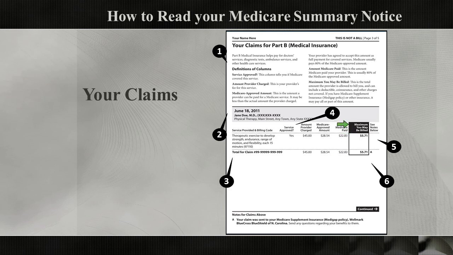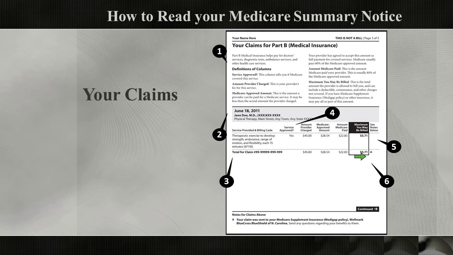It's bolded and it's surrounded by a box. This represents the maximum amount you may be billed for the service. It should be the difference between columns 4 and columns 5. This amount may be covered by a supplemental plan, such as Medigap, or you may have to pay it out of pocket. If you are responsible for paying this amount, you'll receive a separate bill in the mail.